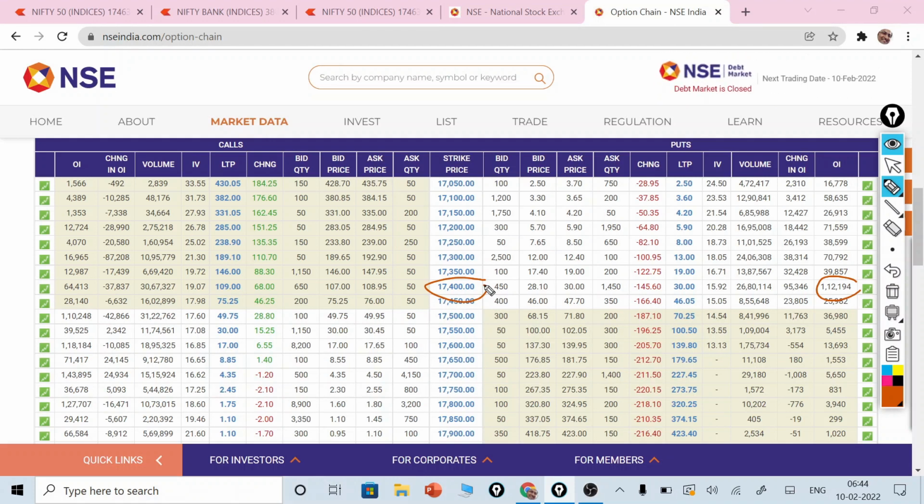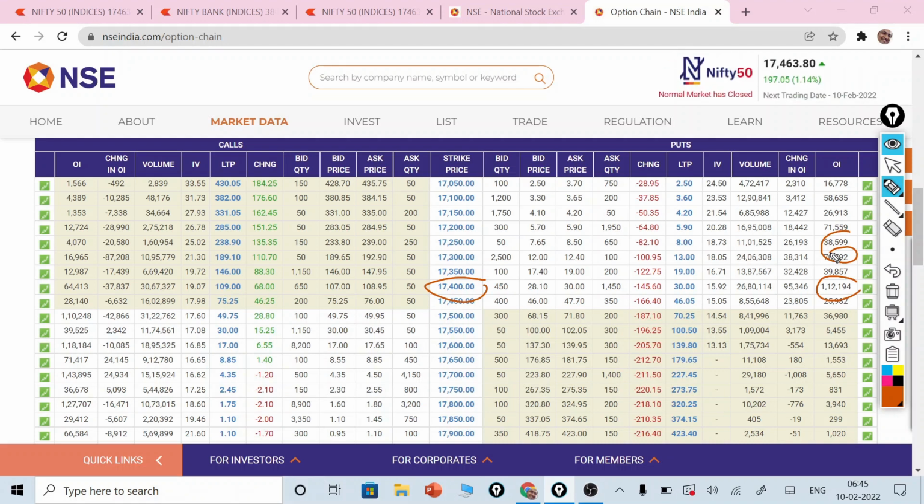Then 17,300. You cannot see any put writing above 17,500, which means 17,400 is going to be the support, with no more support on the higher side, indicating that upside is open.